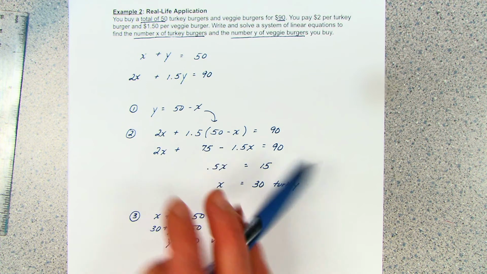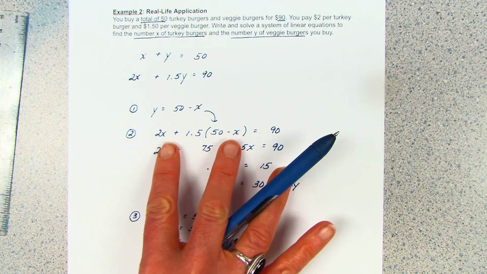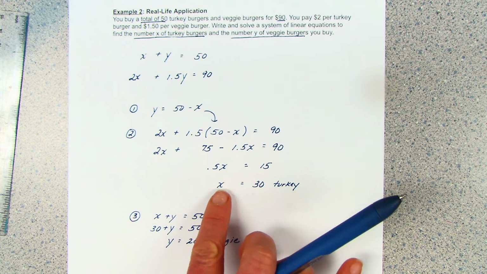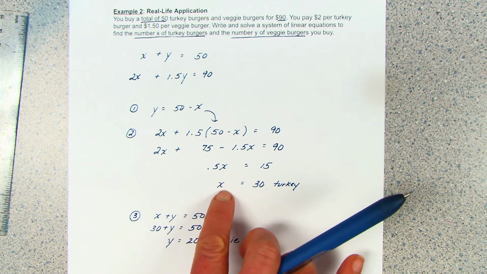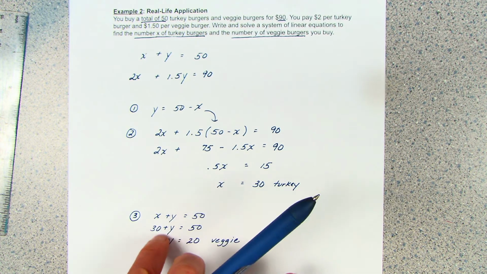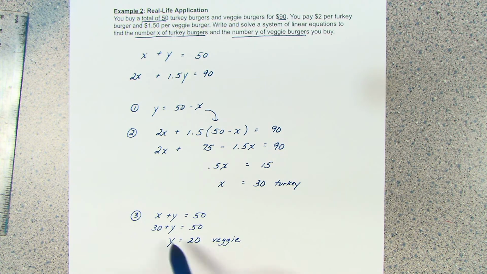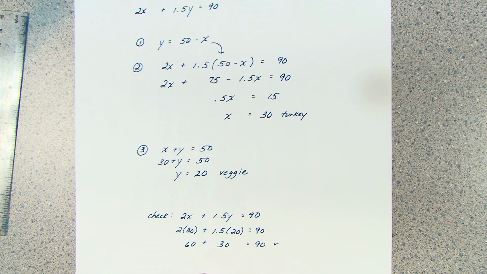After you substitute it in, then you only have x's left now, right? And so you're going to solve for x. Now that you know what x is, you can substitute it back in to either one of the equations and solve for y. And then you check and make sure that your answer is correct.